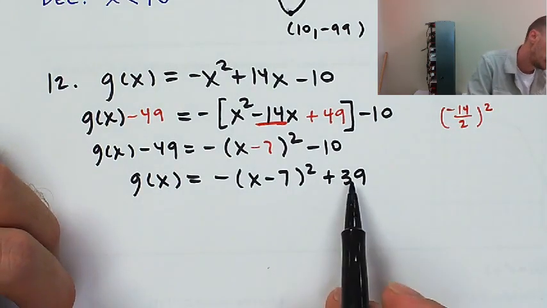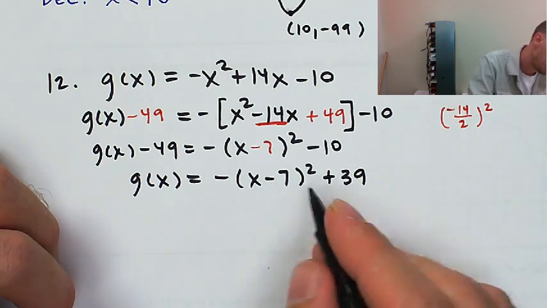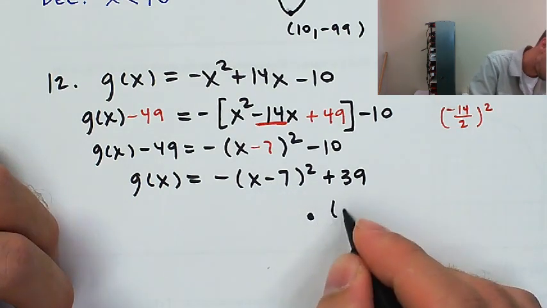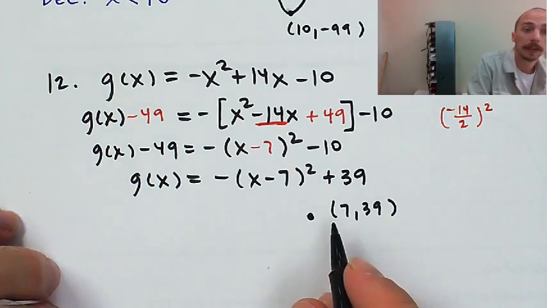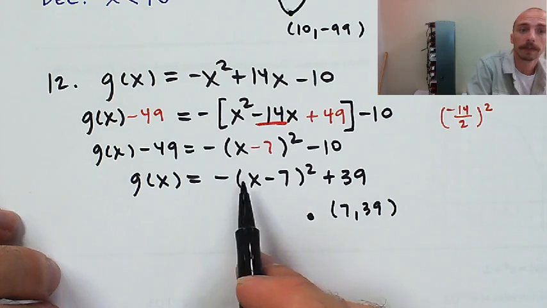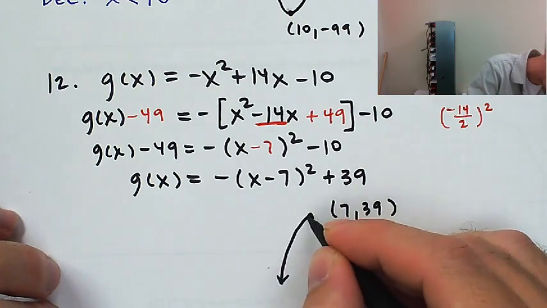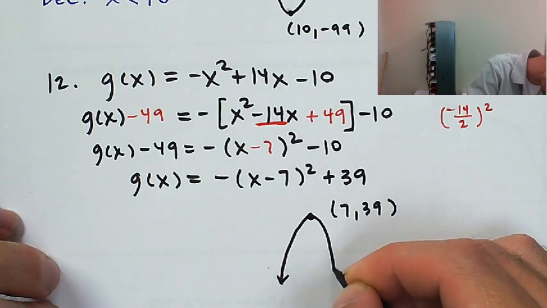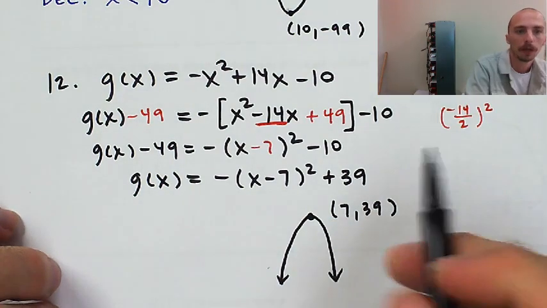Now I've got a vertex at 7 and 39. It's going to open down because I've got a negative x squared, a negative leading coefficient. That's going to be my parabola.